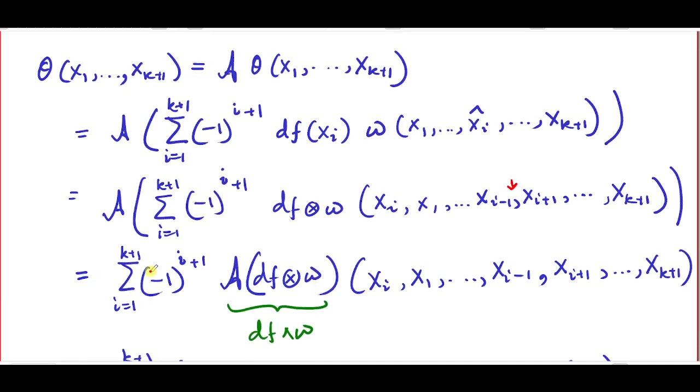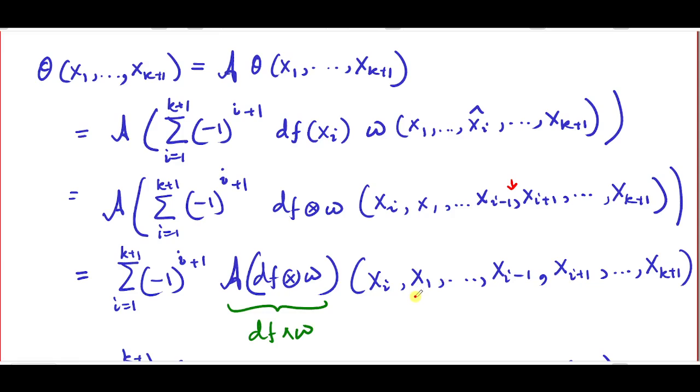So in each and every one of these k plus 1 terms in this series, you have a factor minus 1 to the i plus 1, so a plus minus factor. Then df wedge omega acting on almost the same bunch of arguments, the difference being that in the ith term of the sum, xi has been brought to the beginning.